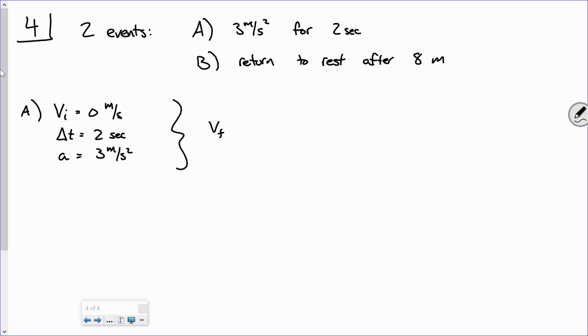VF equals VI plus A delta T. Y'all remember that from physics? Yeah. All right. So this is 0 meters per second plus 3 meters per second squared times 2 seconds. This is VF is 6 meters per second.